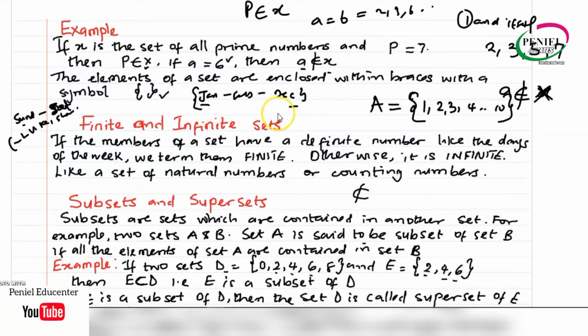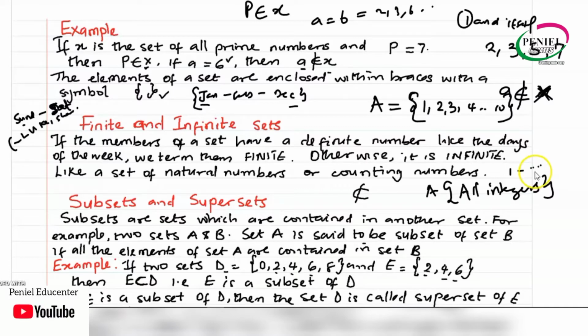But infinite, when you have, say, a set of all integers, you can't stop counting. So these are called infinite.